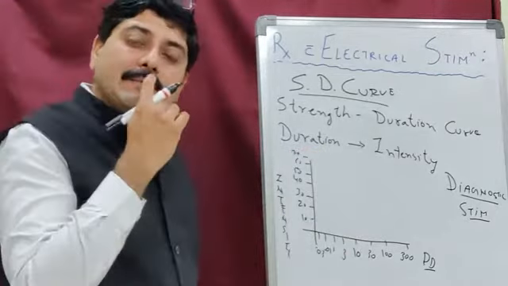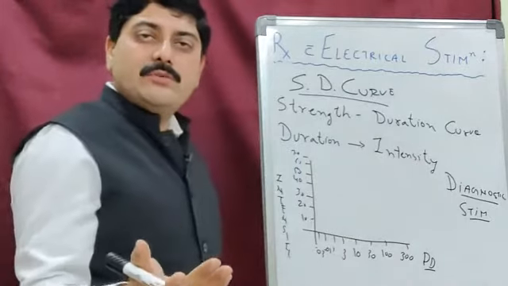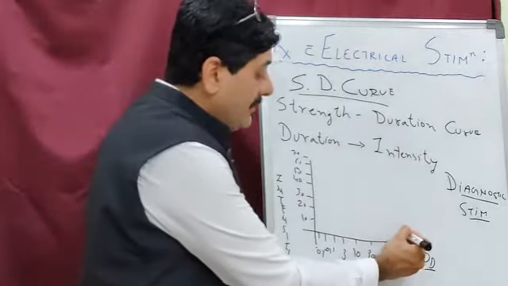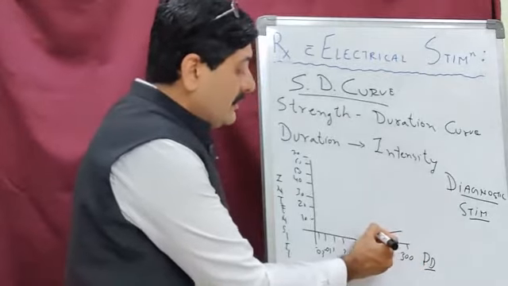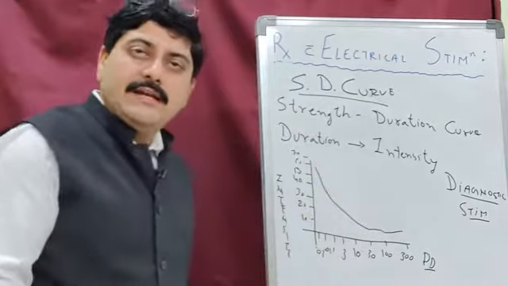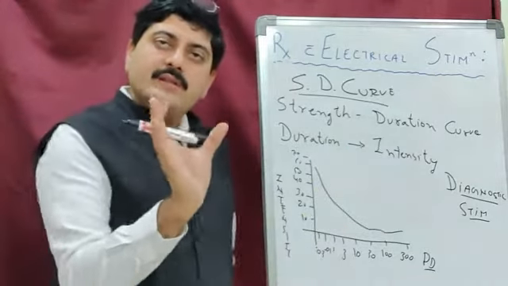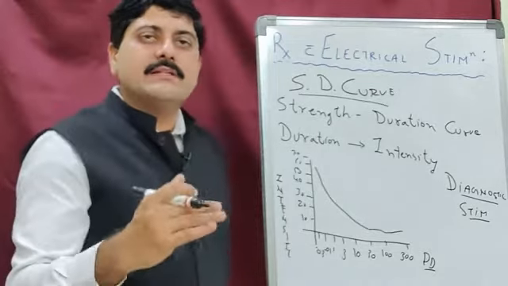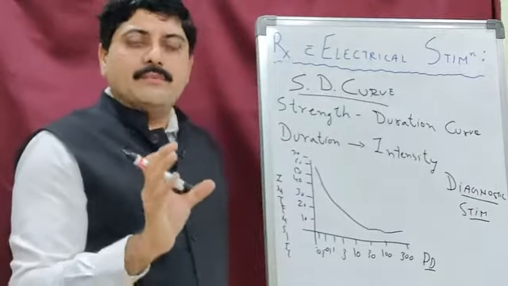Now what happens is with the broader duration, when you start stimulating the nerve, it responds at a very low intensity, and as the duration goes down, the intensity tends to rise, because the longer the duration of current, the longer the current is passed to the muscle, right?